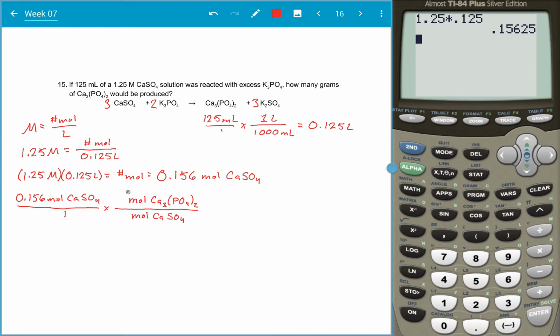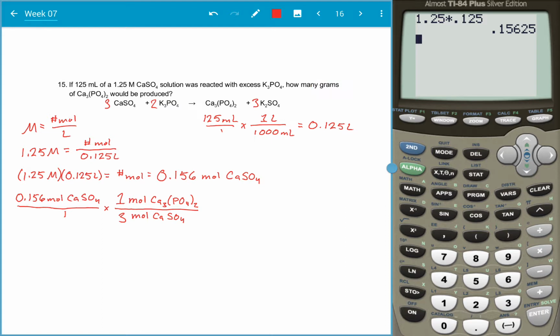Now, these numbers for how many moles of each chemical are going to come from the balanced chemical reaction. The coefficient of 3 in front of the calcium sulfate means that we have 3 moles of calcium sulfate for every 1 mole, because a blank coefficient is the same as a 1, of the calcium phosphate. Now, if the question had asked for moles, we'd be done and we've just finished our calculation.